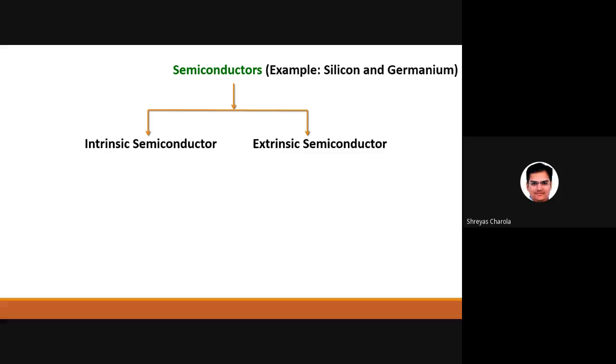What happens in intrinsic? Do we have extra electrons or extra holes in an intrinsic semiconductor? No. Then how many electrons do we have in the outermost orbit? 4.